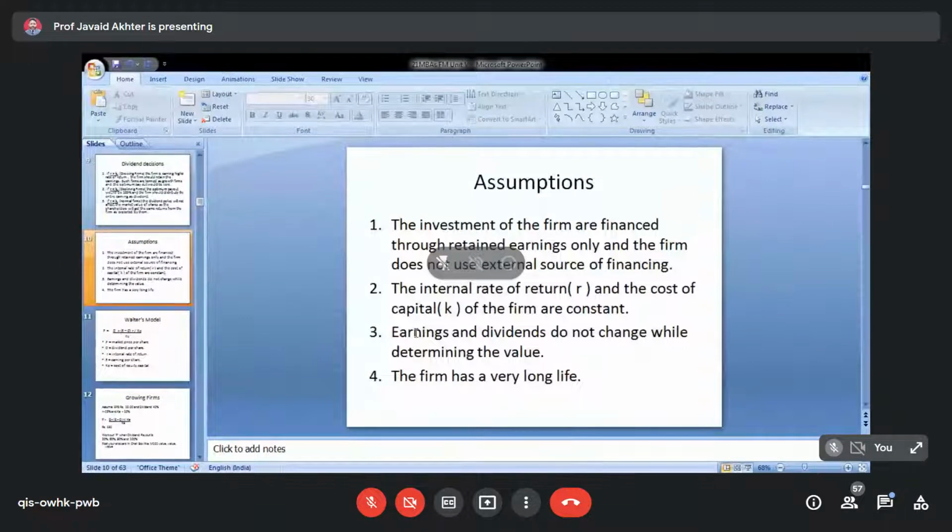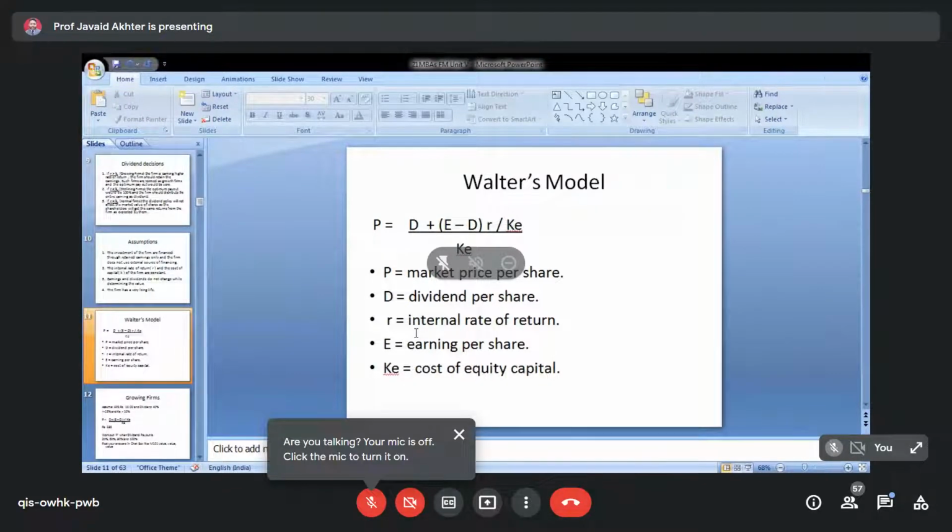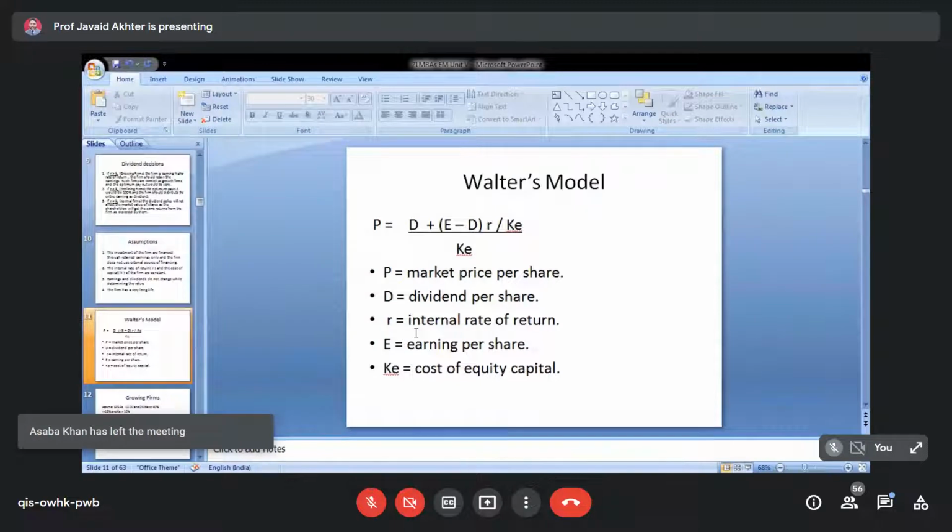Now, the assumptions, I'll take up later. Let us look at the Walter formula. According to Walter's formula, price of a share is equal to D, where D stands for dividend per share. R is internal rate of return, E is earning per share, and K is the cost of equity capital.